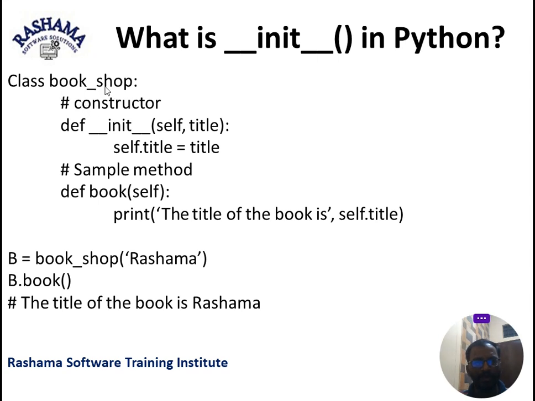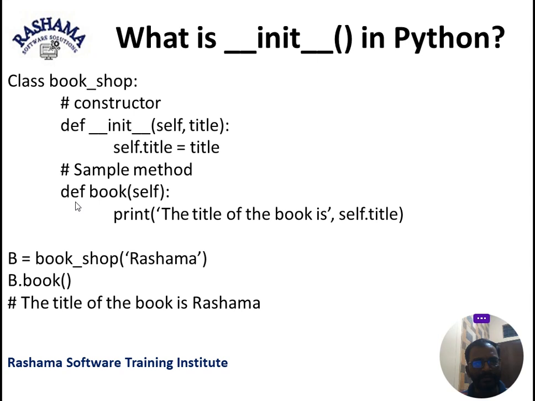Class bookshop, bookshop is the class name, and here def __init__(self, title): self.title = title. These two lines are the init method. So in the init method, title is assigned to self.title, that means the book title.